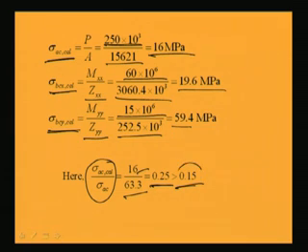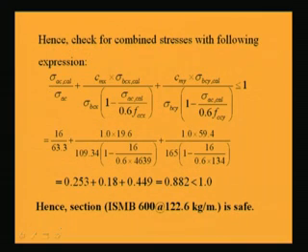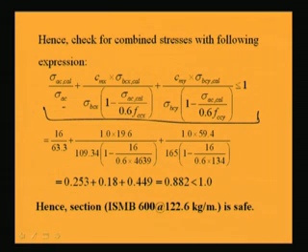So if it is greater than 0.15, we have to check with this equation, that is, the combined stress: sigma AC calculated by sigma AC, plus CMX into sigma BCX calculated by sigma BCX into (1 minus sigma AC calculated by 0.6 FCCX), plus CMY into sigma BCY calculated by sigma BCY into (1 minus sigma AC calculated by 0.6 FCCY), which should be less than or equal to 1.